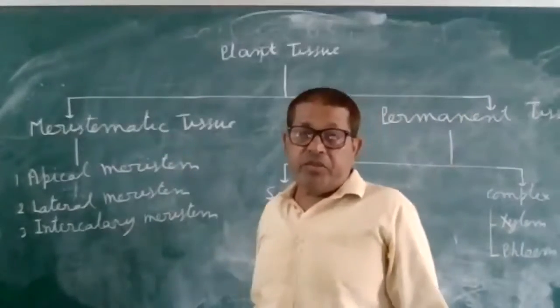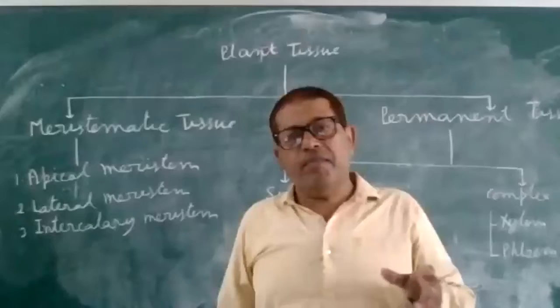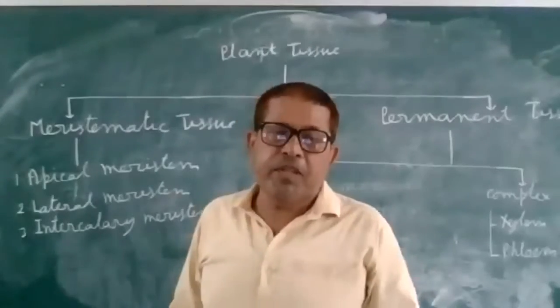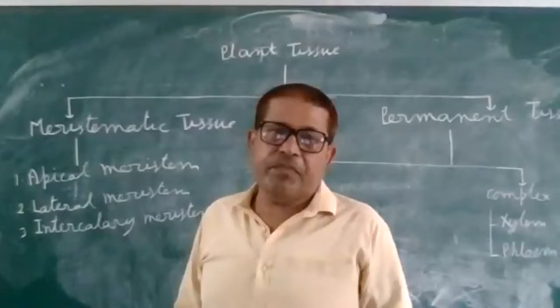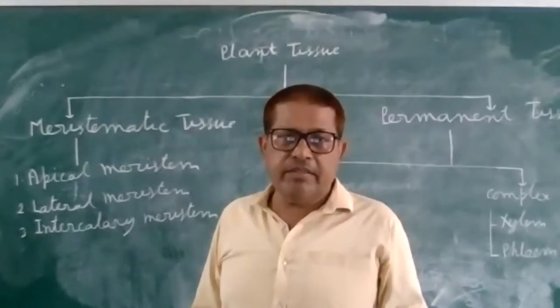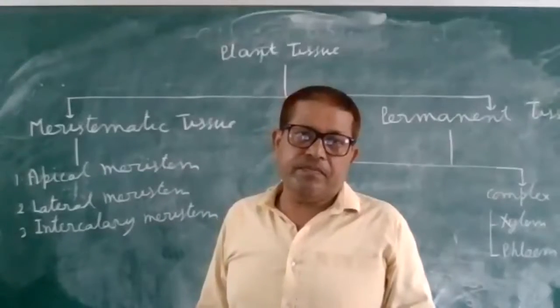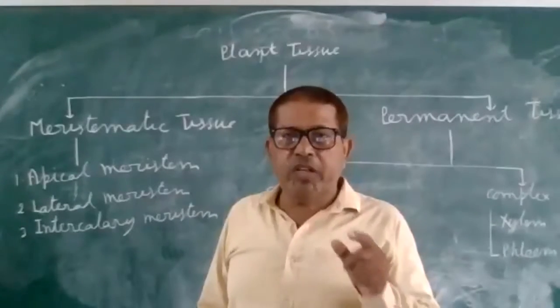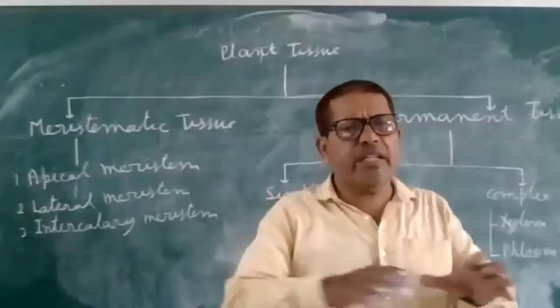The cells of meristematic tissue are always in the state of division. These are thin-walled, with dense cytoplasm and prominent nuclei. Let us discuss in detail about parenchyma, collenchyma, etcetera.